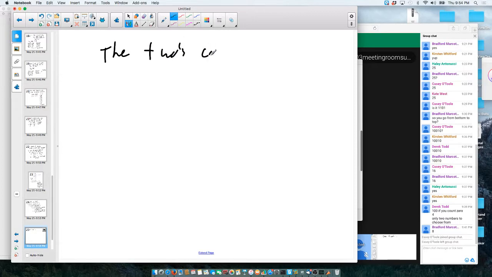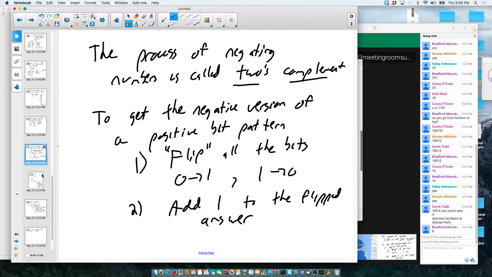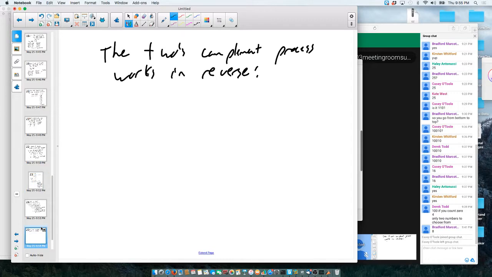The 2's complement process works in reverse. So if I start with 1 1 1 0 1 1 1 1, that was my minus 17, and I want to negate it, I want to form minus 17, which ought to be 17 if this works.